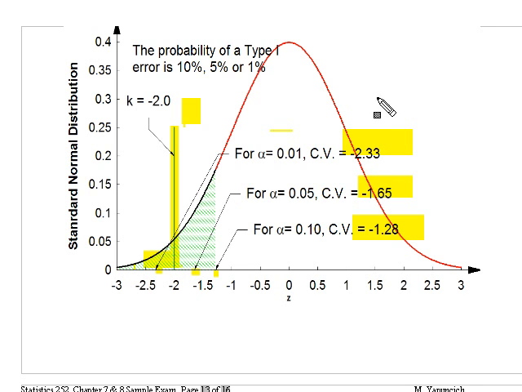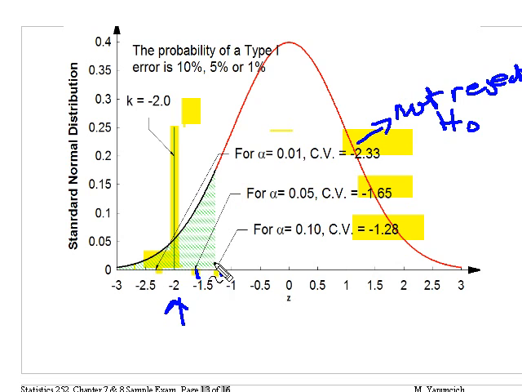Therefore, for this value, the way this particular situation is set up, you would not reject the null hypothesis. For the other two, you can see that the minus 2 lies to the left of it. It would lie in their critical regions. So in these cases, you would reject it.